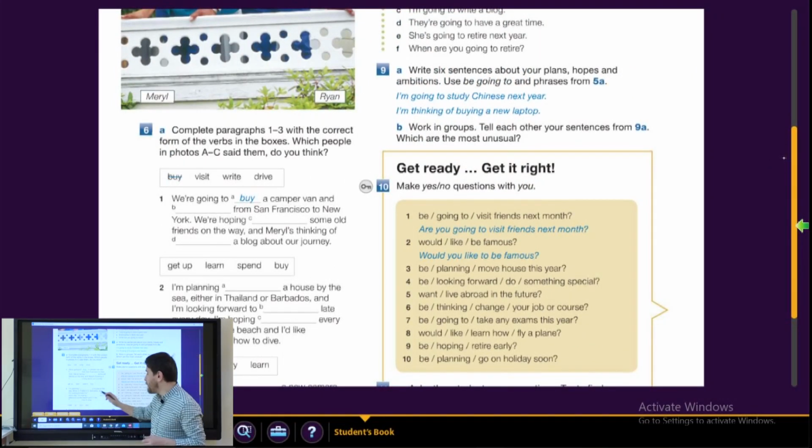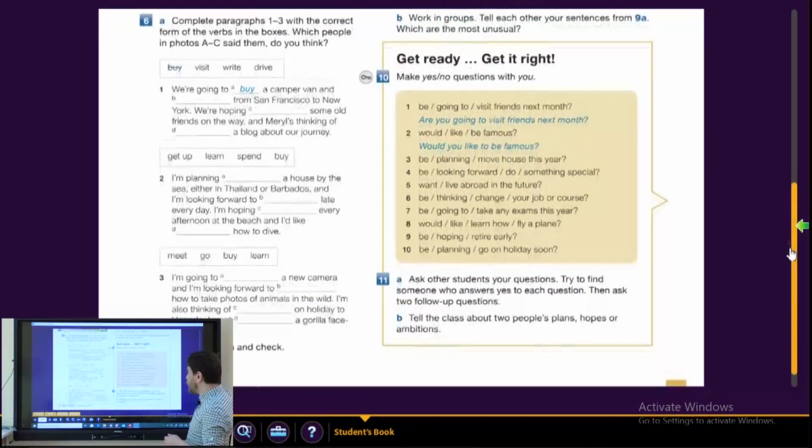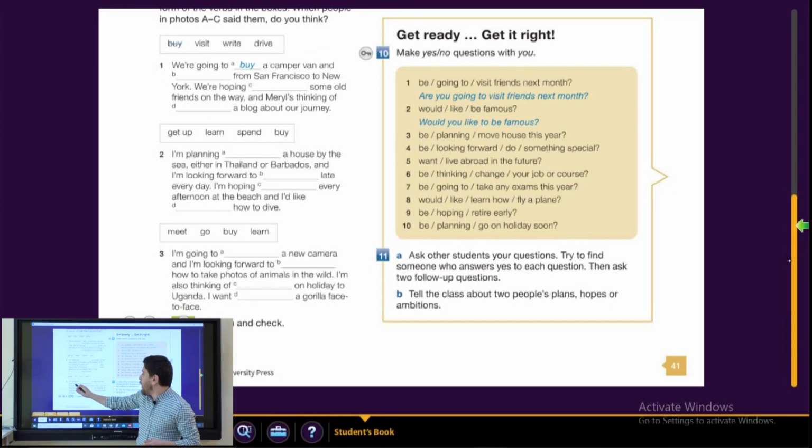And the final one, here we go with the final one. I'm going to buy a new camera and I'm looking forward to learning how to take photos of animals in the wild.